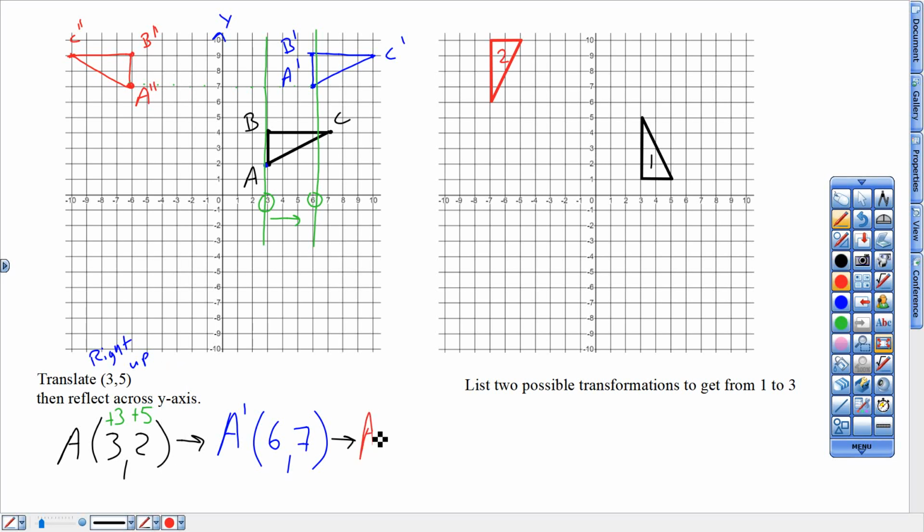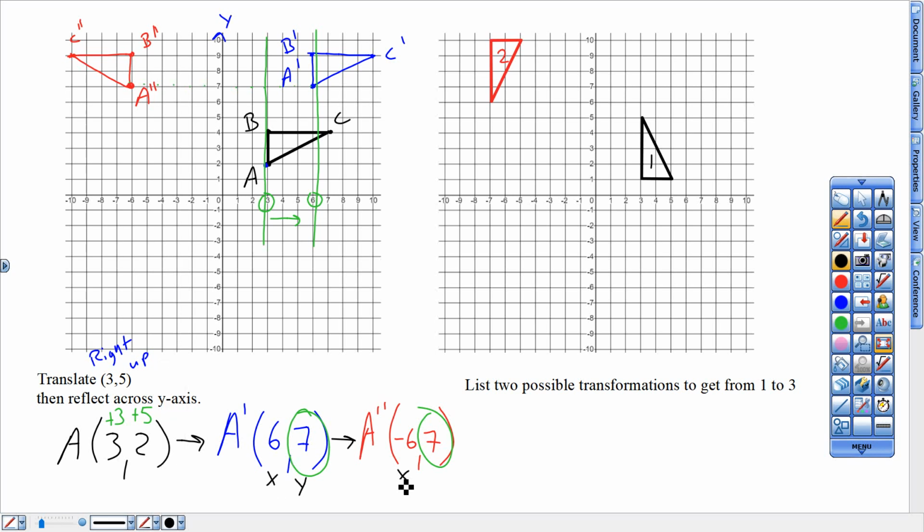When you reflect over an x or y axis, one of the coordinates stays the same, but the other one will be opposite. The coordinate that stays the same always matches the x or y axis that you're reflecting over.